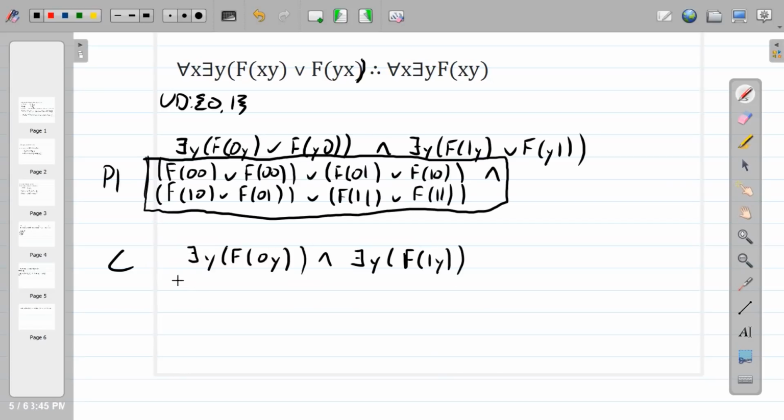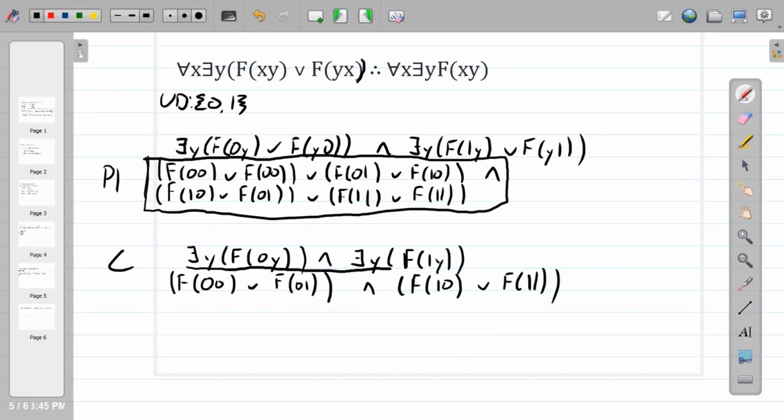Expand that, so F00 or F01 and F10 or F11. Okay. So that's the expansion.